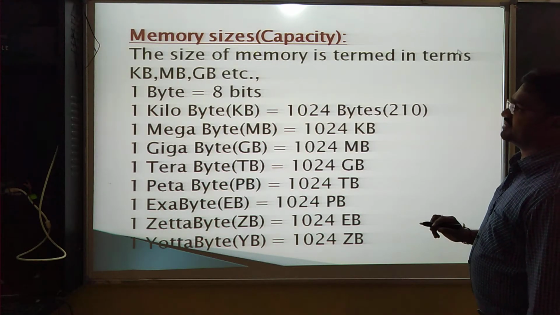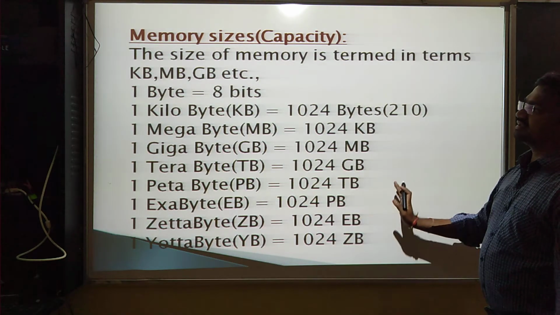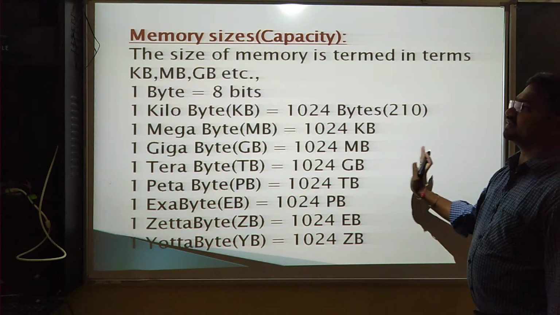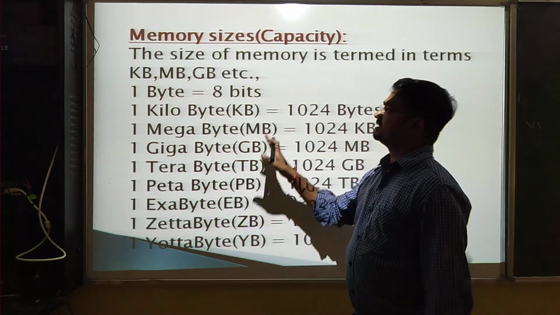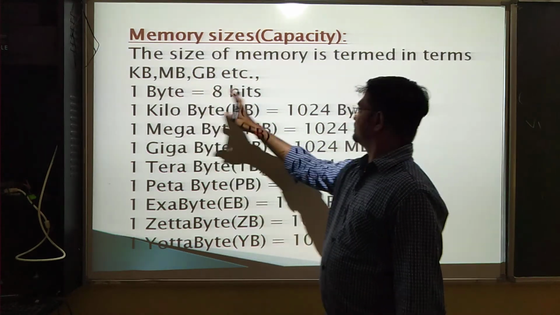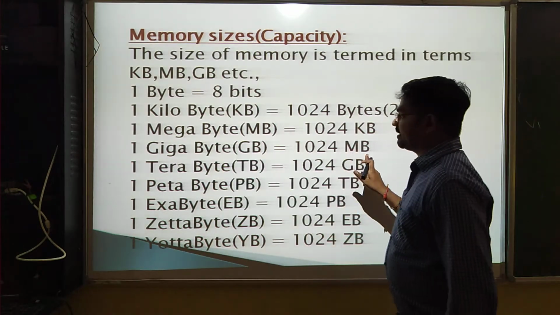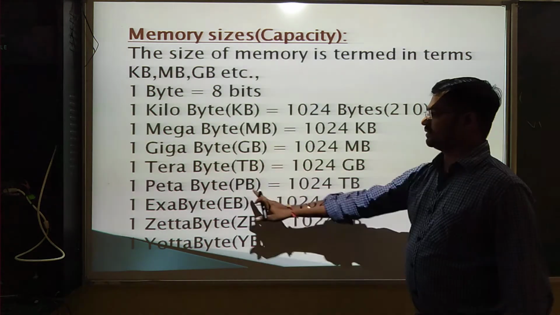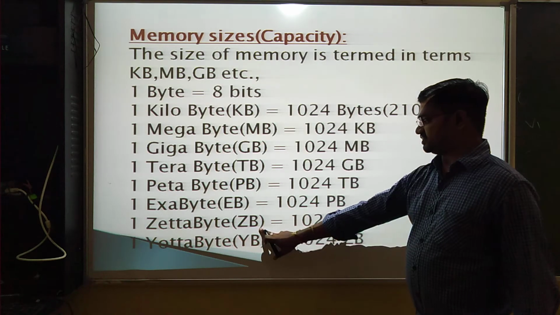In the previous class I showed the chart of how to calculate storage in computers. The terms of storage devices are bytes and bits. Bits to byte, byte to kilobyte, kilobyte to megabyte, megabyte to gigabyte, gigabyte to terabyte, terabyte to petabyte, petabyte to exabyte, exabyte to zettabyte.